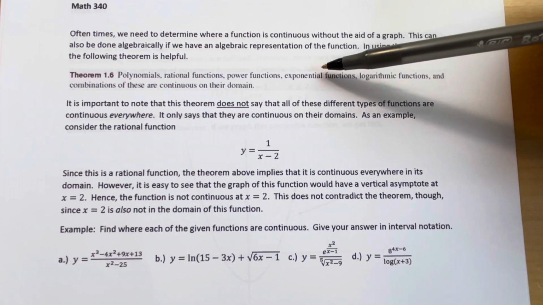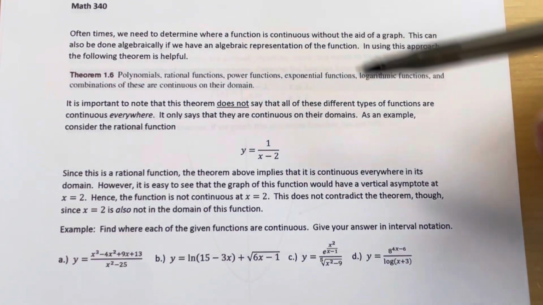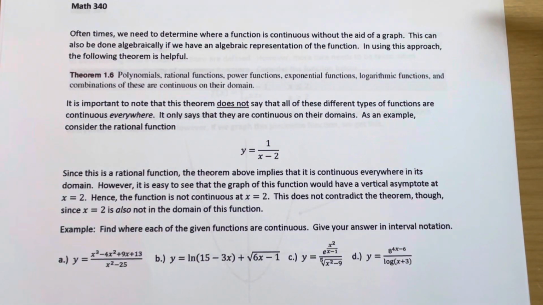That's a really powerful theorem because if we know what the domains of these functions are, then we automatically know what values they're continuous for, because those two sets of numbers would be the same.